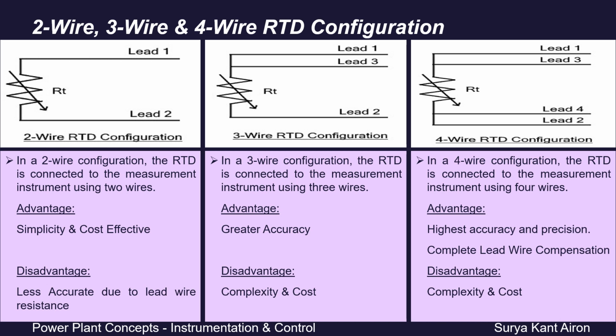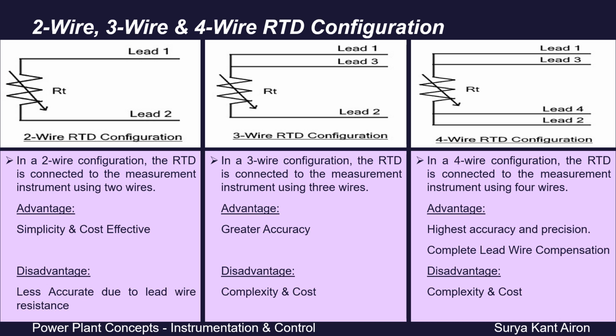Now our next type is three wire RTD configuration, where the RTD is connected to the measurement circuit using three wires. This third, additional wire provides a means of compensating for the resistance of lead wire, thus improving the accuracy. Thus three wire configuration is more accurate than two wire configuration due to this lead resistance compensation.